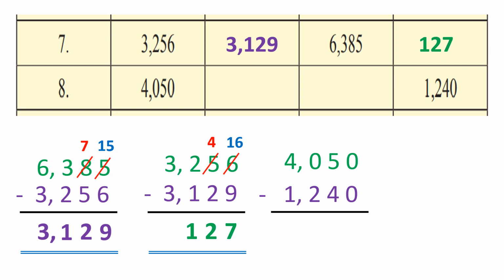Subtract. 0 minus 0 is 0. 5 minus 4 is 1. 0 minus 2, no, cannot be. You borrow, it becomes 10. Minus 2 is 8. 4 becomes 3. 3 minus 1 is 2.